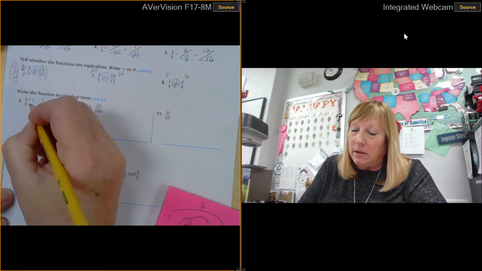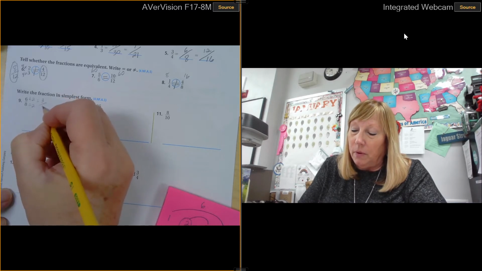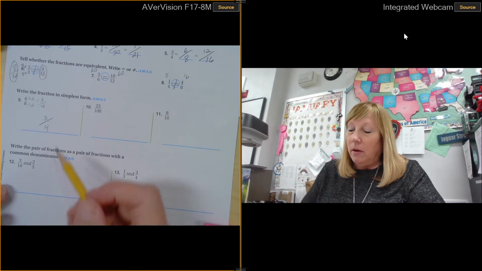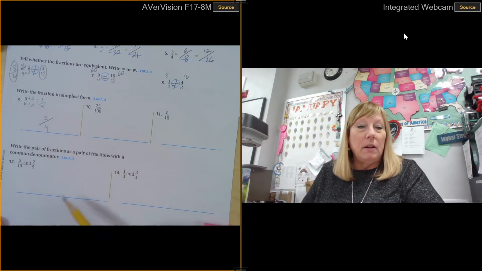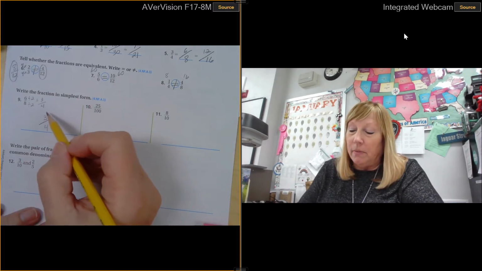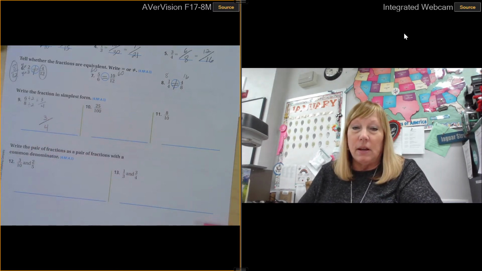And 8 divided by 2 would be 4. So in simplest form, 6/8 changes to 3/4. And when I get to a prime number, then I know I'm as low as we can go. That's simplest form.